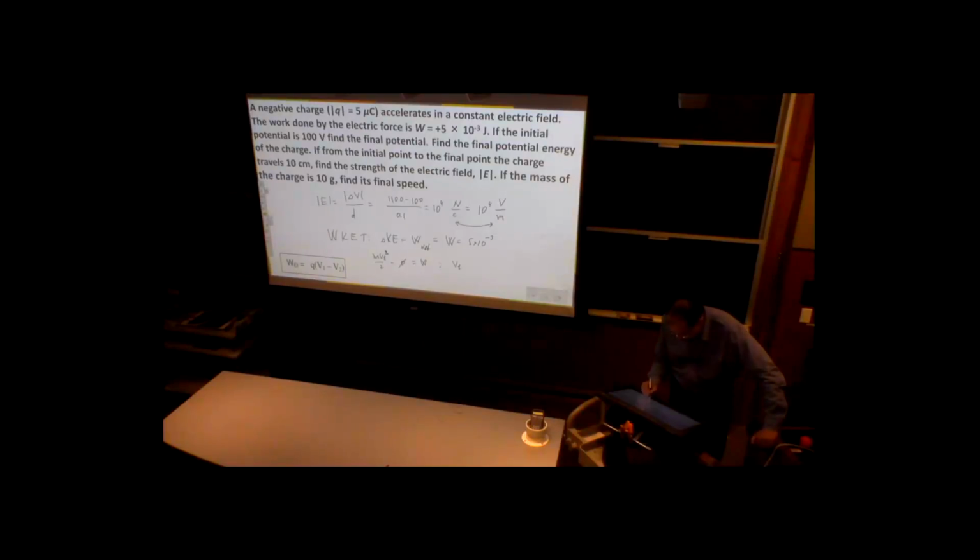So speed will be equal to the square root of 2W over m, which is, I don't know, 2 times 5 times 10 to the negative third, over 10 grams, 0.01. 2 times 5 is 10. So 10 to the negative 3, and 10 to the negative 2. I think it's 1.